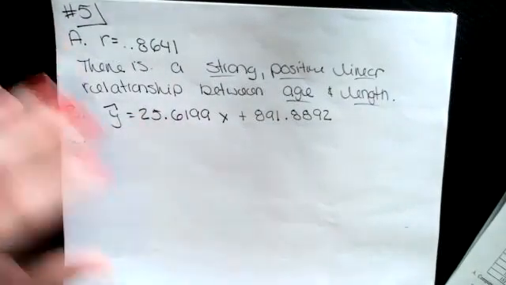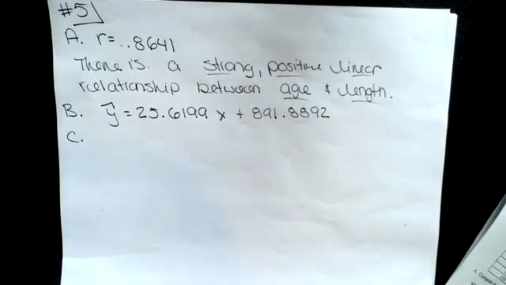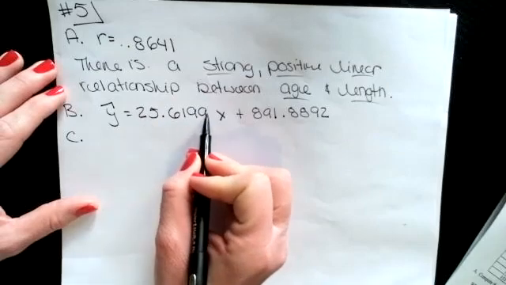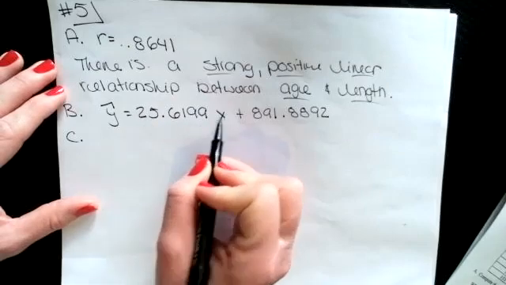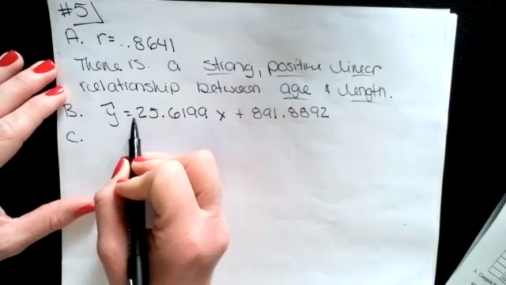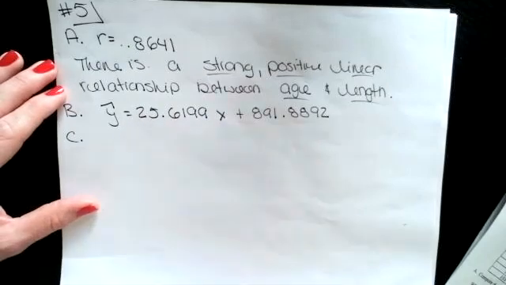Now for part C, write a sentence to interpret the slope. So remember, the slope is right here. It's the 25, and that represents, for each unit increase in X, my Y will increase, because this is positive, by that 25 number.